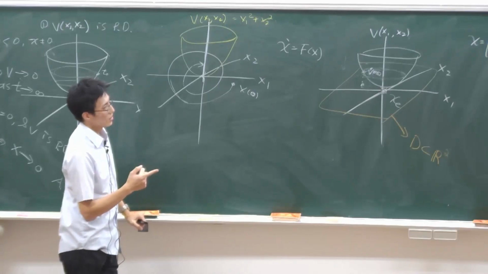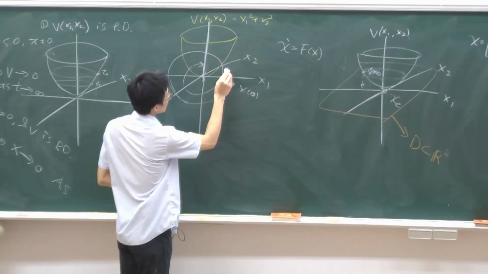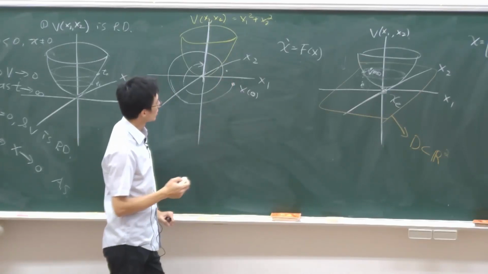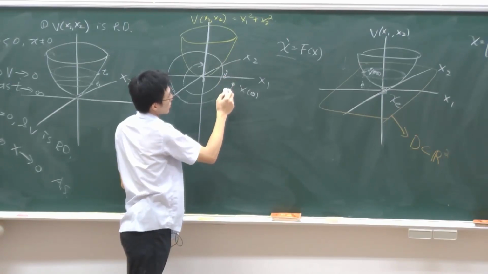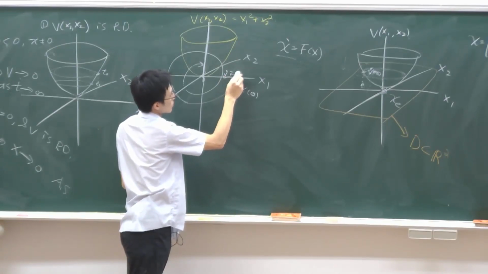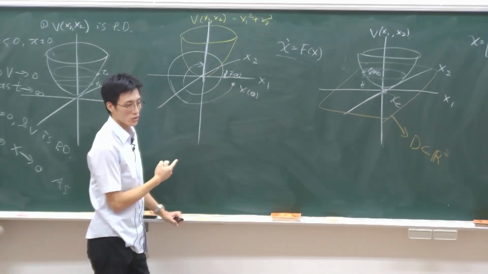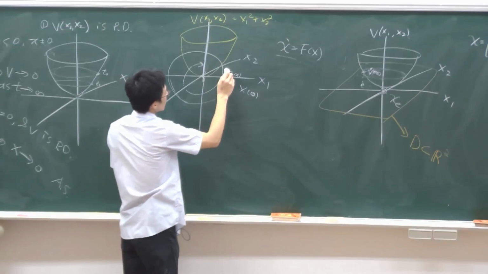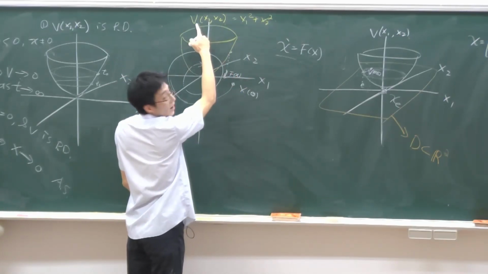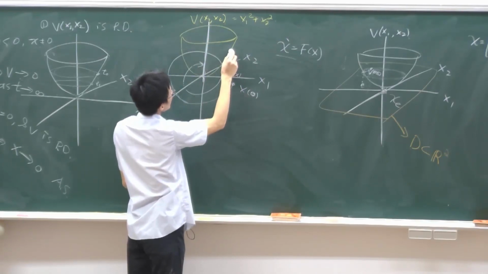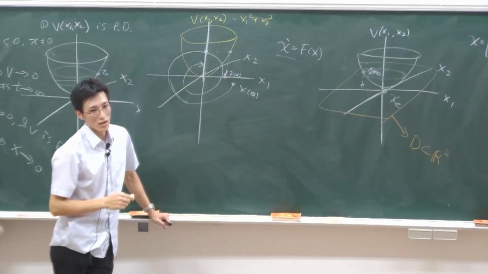And why you utilize this function is, given any point here, according to this vector field, this vector describes the motion of the state at this location, 对不对？If you project or substitute into this function, you will get a V value, which is on this z-axis, right?